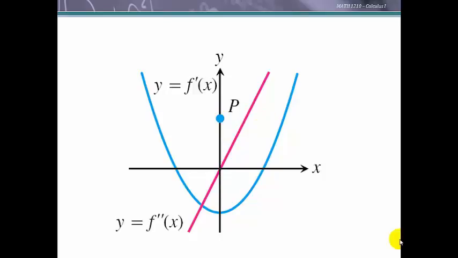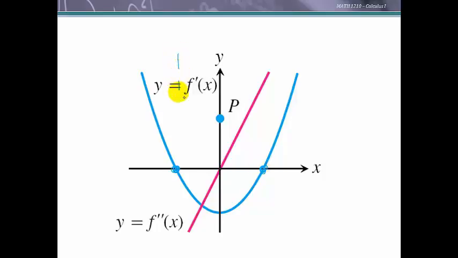So we're first going to consider the first derivative, and what we're interested in is when it is 0, and also when it is positive and when it is negative, because the first derivative positive lets us know the function is increasing. The first derivative negative lets us know the function is decreasing.